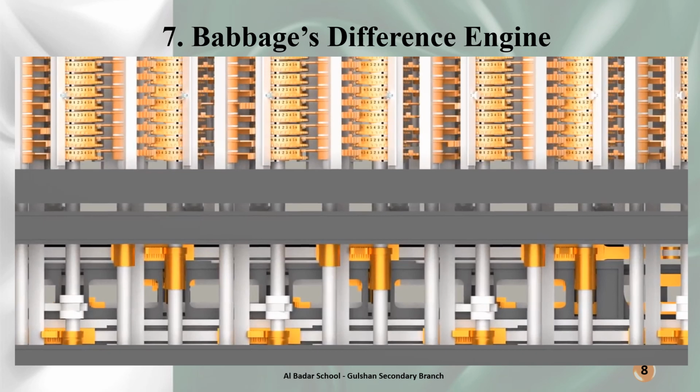Then they subtracted the result of the difference which we got after the second equation, that is 13 minus 9 is equal to 4.